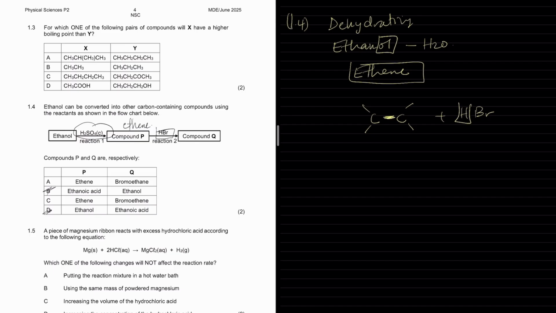Then a hydrogen is going to be added, and then the bromine is going to be added. So you basically have a haloalkane, and the name of this haloalkane is bromoethane. So the answer that we're going to go with here for 1.4 is A.